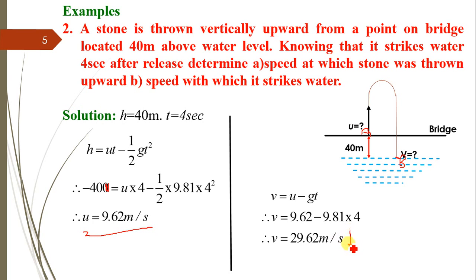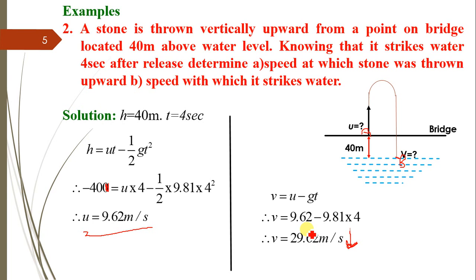Either you can write the minus sign or show it by means of an arrow direction. As we know that the position from A to B is in the downward direction, the velocity should be negative, that is minus 29.62, which means our answer is correct.